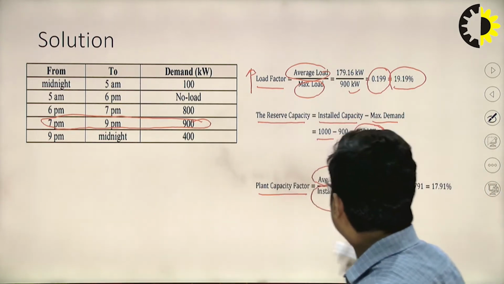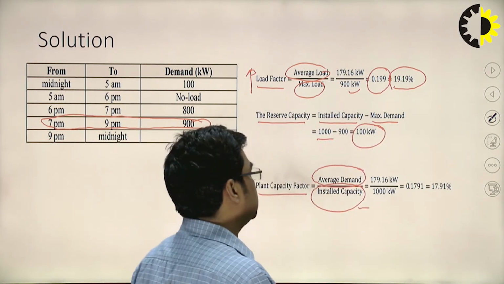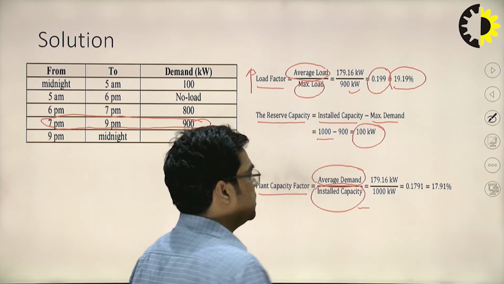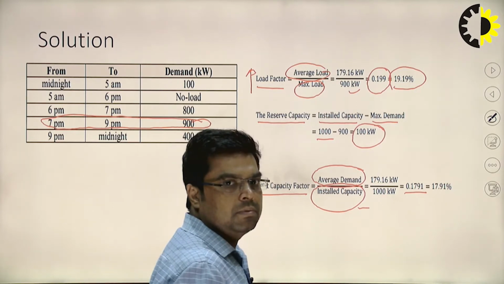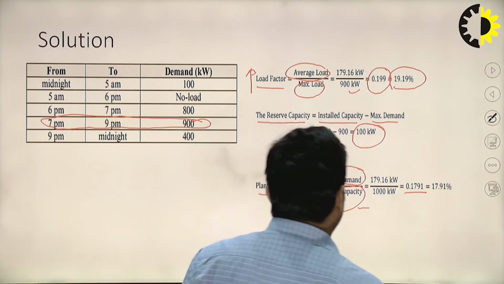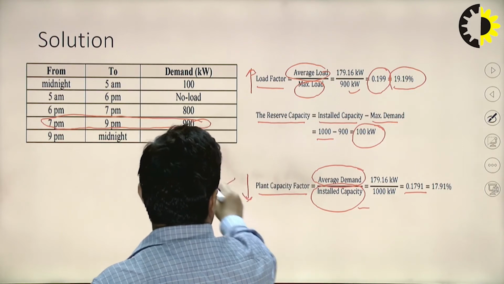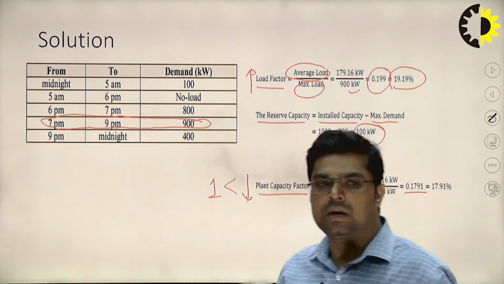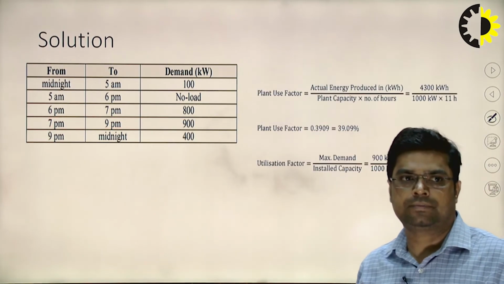So we divide the average demand by the installed capacity, that is 179.16 divided by 1000 kilowatt, which is 0.1791. In percentage, we get 17.91. The plant capacity factor is always less than 1, because the installed capacity is always higher than any average demand.